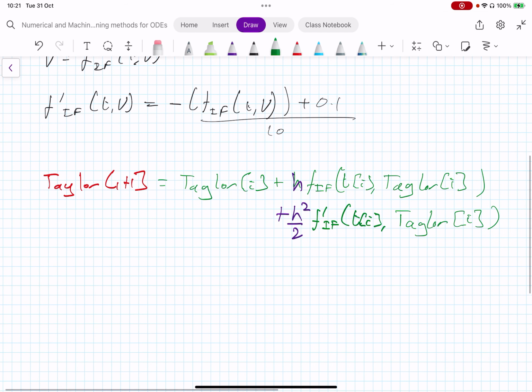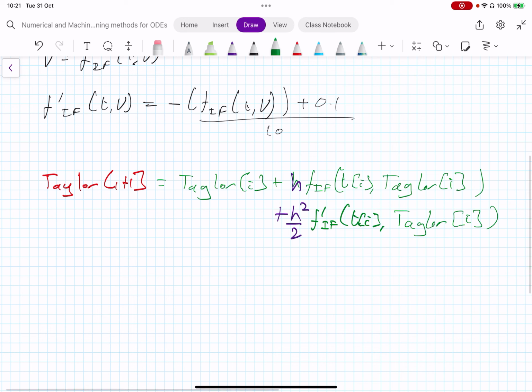So what does that look like in our case? That's equal to Taylor i plus 0.5.